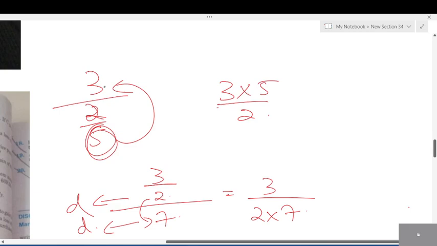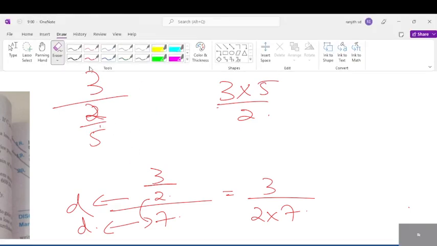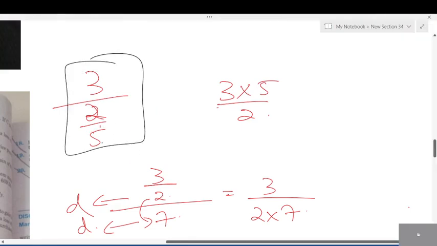Look at the difference. Can you see the difference? Whichever has extra, students, it will get multiplied with top and down. In the first question, which one has extra value, numerator or denominator? Denominator. What is extra? 5 is extra, right? So where is 5 getting multiplied? It is getting multiplied to the numerator.